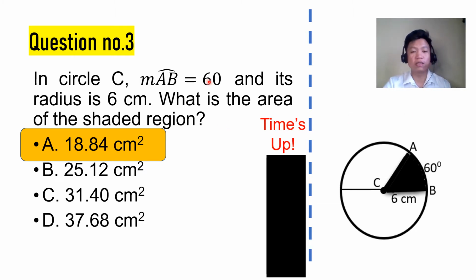Ito yung ating C, o yung arc natin, 60 degrees, tapos yung ating radius is 6 centimeters, and then given naman yung value ng pi na 3.14, and then the total one complete revolution ng isang circle is 360 degrees, and then perform the indicated operation, so lalabas na yung 18.84 square centimeters.